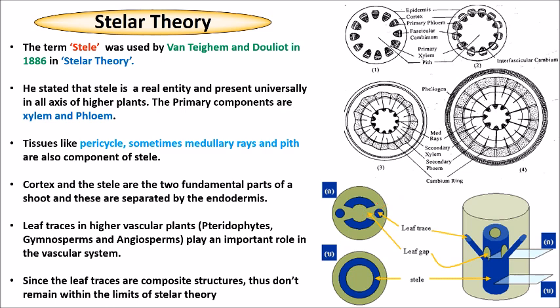If you see this picture, this is the central cylinder or stele and these are the leaf traces. When you take a TS of this region, then obviously we will get a leaf gap here, and these leaf gaps and leaf traces help to distinguish different types of stele.